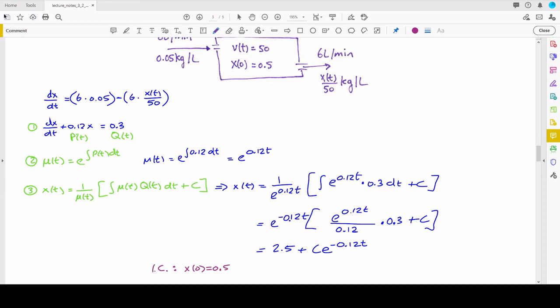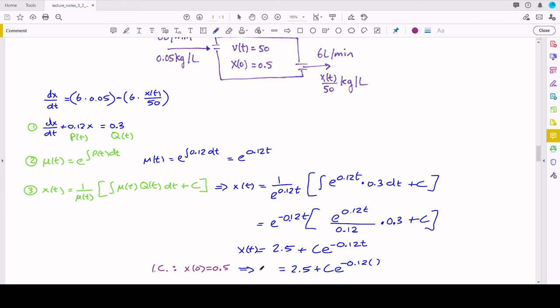When we put that into our formula for x of t, we get that 2.5 plus c times e to the power negative 0.12 times 0 equals 0.5.